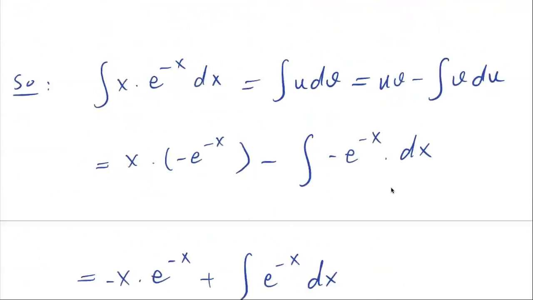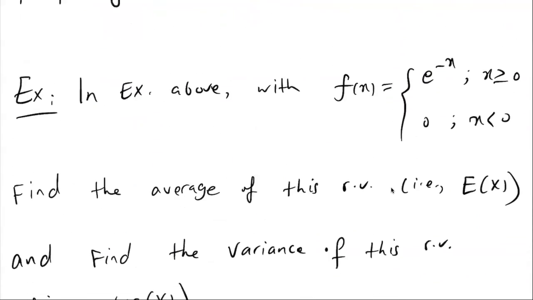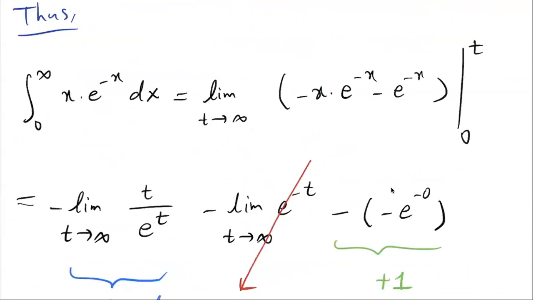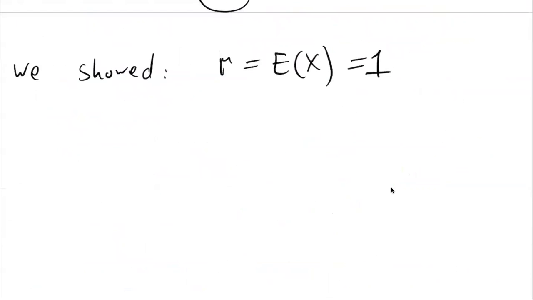Now the question was asking us to find the average and to find the variance. I found the average for you; for the variance, I can leave it as an exercise. Find the variance of x.